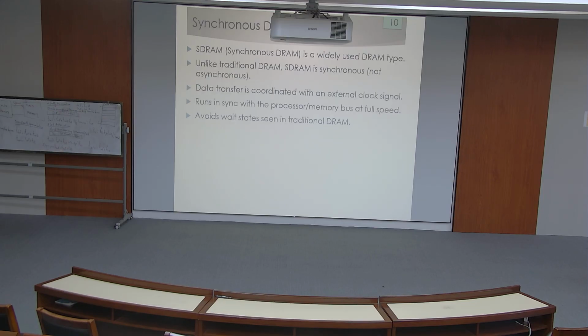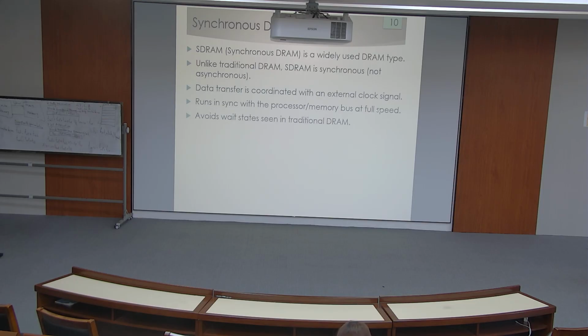Now, focusing on the DRAM itself, we have to talk about another type of DRAM that we call synchronous DRAM. It is widely used in modern computer systems. Unlike the traditional DRAM, it has an external clock which is used to coordinate the data transfer. And it runs in synchronization with the processor as well as the memory bus at full speed.